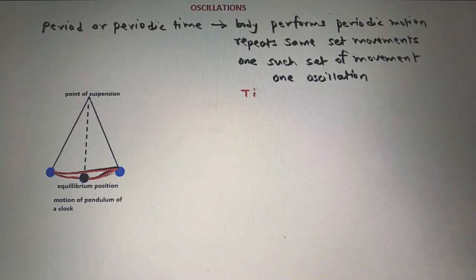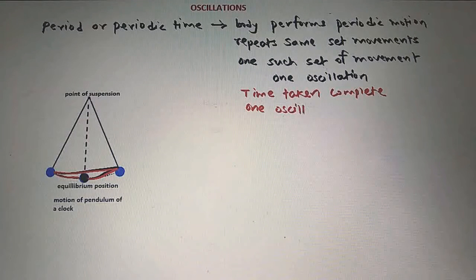The time taken by a body or a particle to complete one oscillation is called the period or periodic time. So what is period? The time taken by a body or a particle to complete one oscillation is called the period of that body or particle, and this period or periodic time is denoted by capital T.